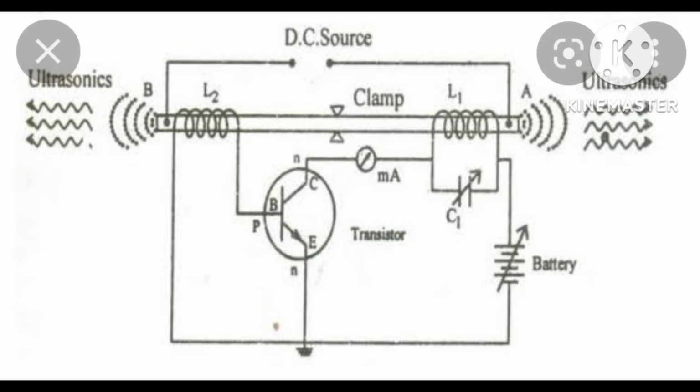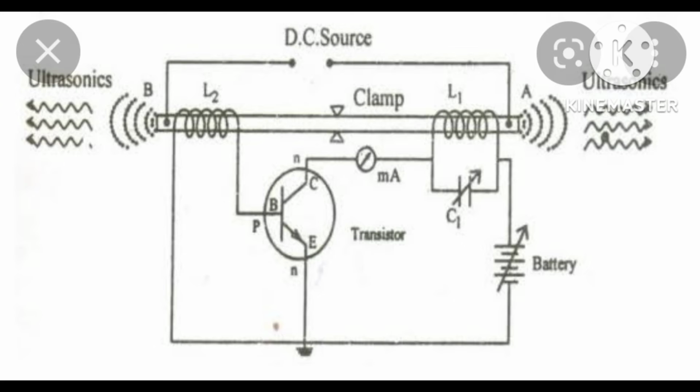The coil L2 is connected in the plate circuit of a triode valve, while the coil L1 is connected in the grid circuit. The frequency of the oscillating circuit is adjusted with the help of the variable condenser C connected across the coil L2. The direct current milliammeter reads the plate current.